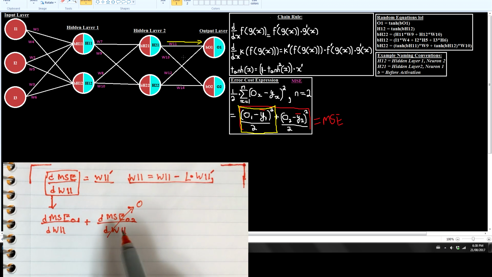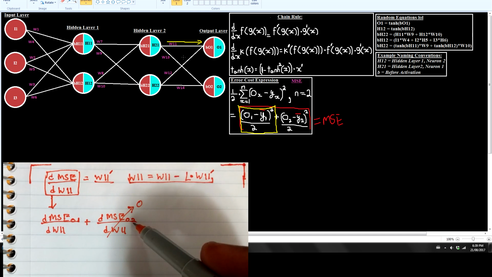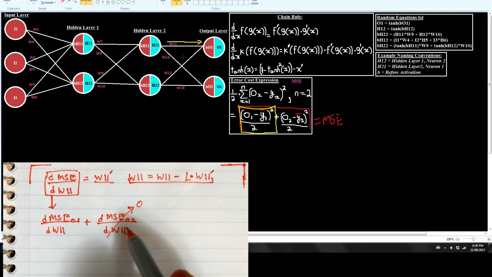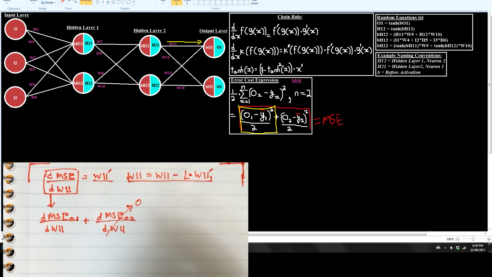So if we were to expand this using chain rule, we would eventually find that it just goes to 0, because output 2 is not in any way connected to W11, nor is it affected by it. So the change that W11 affects on the mean squared error for output 2 is just 0.